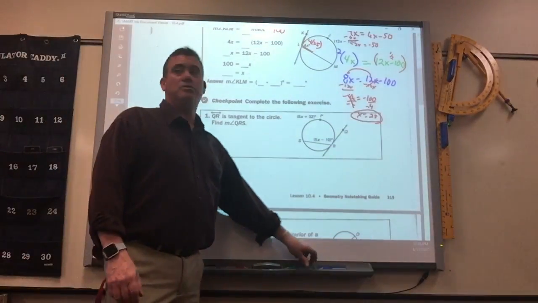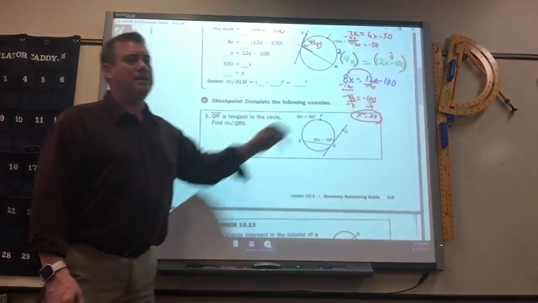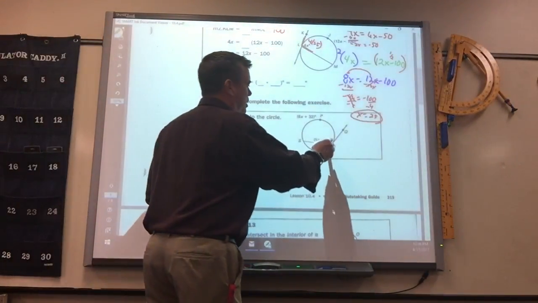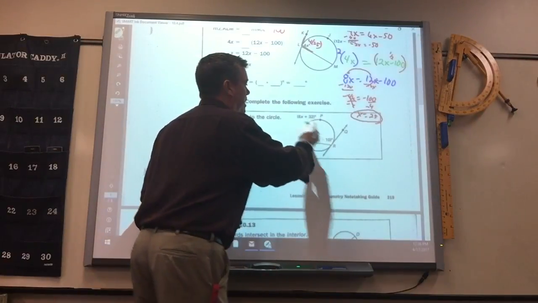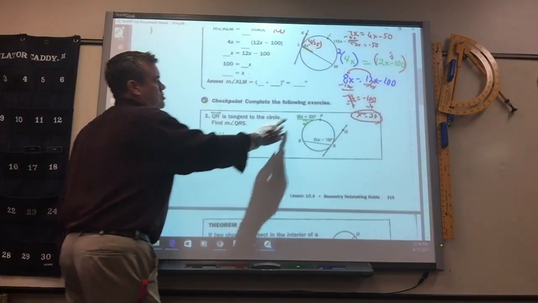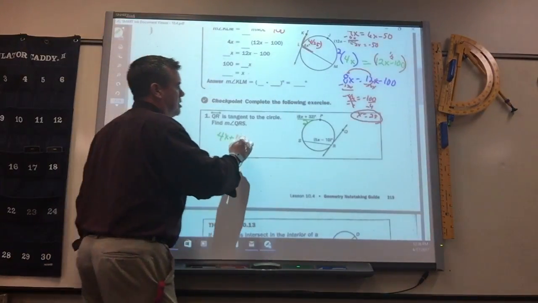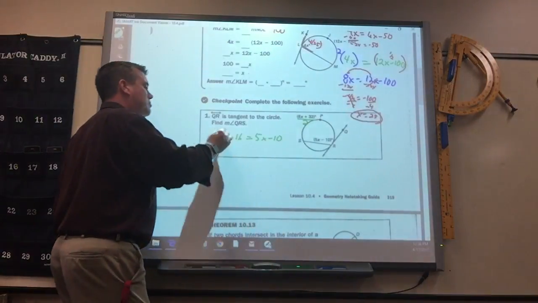Okay, so you have the option when you're solving this to make them equal. You either double this, set it equal to that, or cut this in half, and then it would equal that. Since these are both even, I'm just going to cut it in half. So that'd be 4x plus 16 equals 5x minus 10.